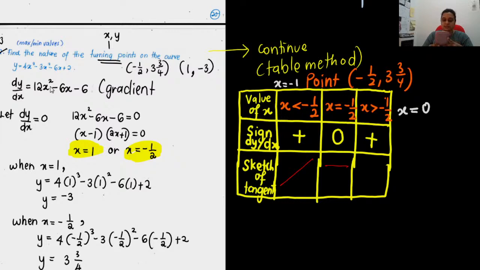In this case, if I substitute 0 inside the dy dx, I will get a negative value. So that means this is not positive. This is a negative value. If it's negative, the sketch of our tangent will go down. So why not go more than like 2 or 3?